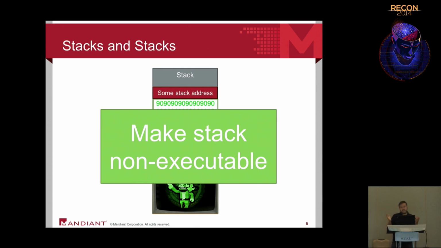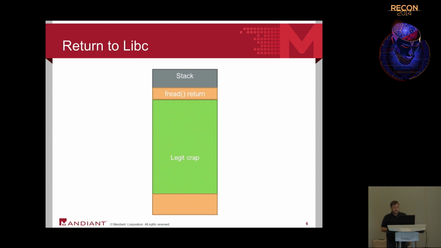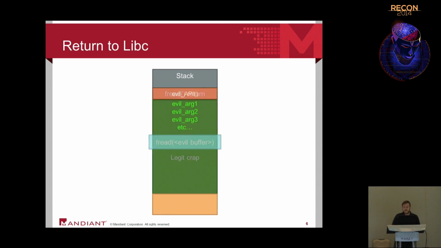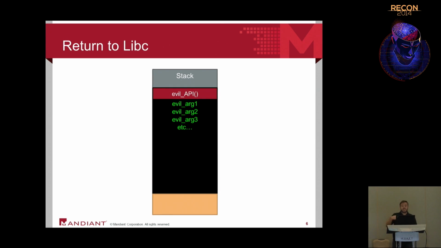That's no longer an option most of the time because the stack is usually non-executable, so that kind of solved that problem. So attackers had to get a little more clever, and they started doing this trick called return to libc, where they cause a buffer overflow, and then they push evil arguments and the address of some exploitable library call onto the stack, and that's how they accomplish their task.